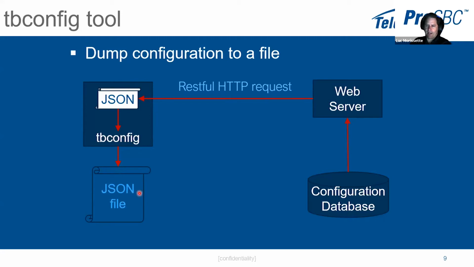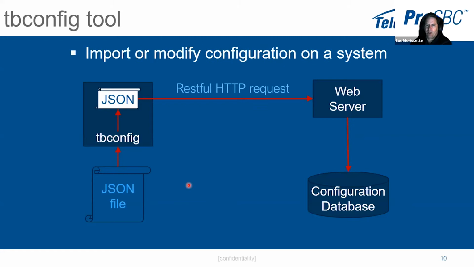So the JSON file here will have one configuration of the system. You can then push this configuration to the same system with a new name or to another system. Okay, so then you can push exactly the same configuration, or you can modify it, modify the JSON file, and push that configuration in the system. Okay.